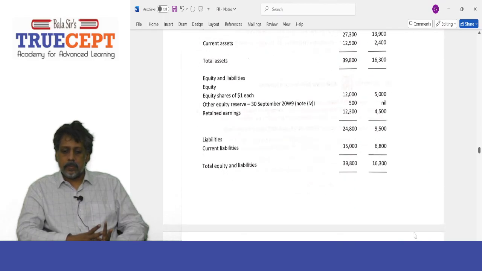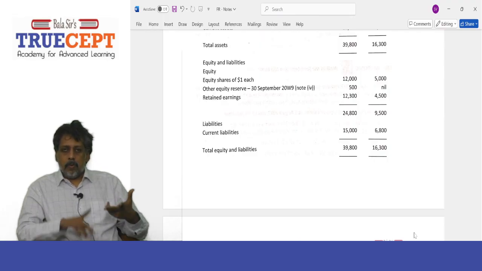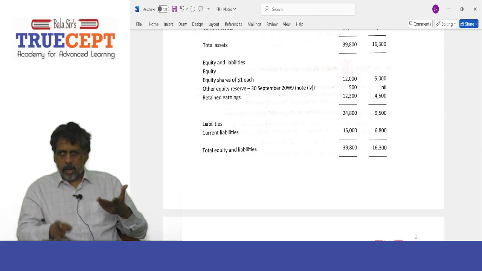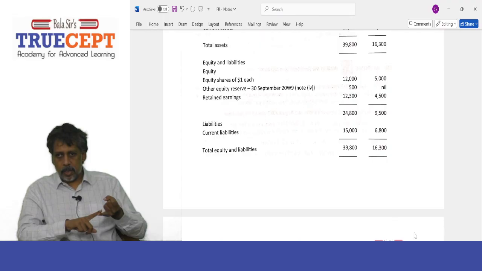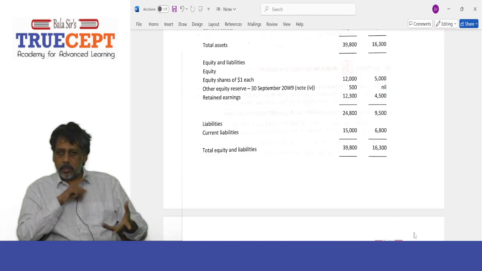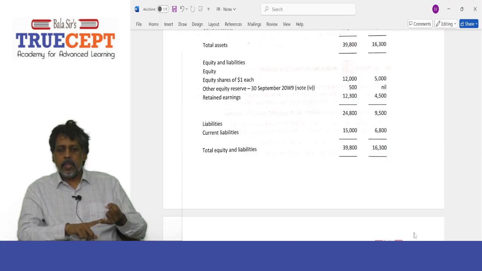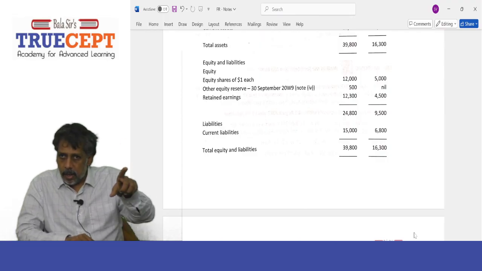Then equity and liabilities, equity shares of $1 each, 12,000 and 5,000. That is your company share capital is 5,000 in thousands, and these are $1 face value shares. That means there are 5,000 thousand shares in your company, that is 50 lakh shares. Of these, I hold 80%.